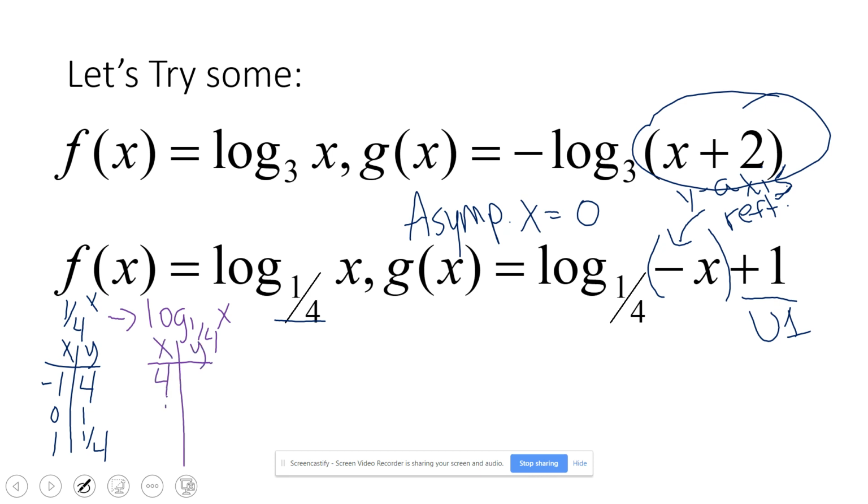And our x and y trade places to get the points of our parent function.